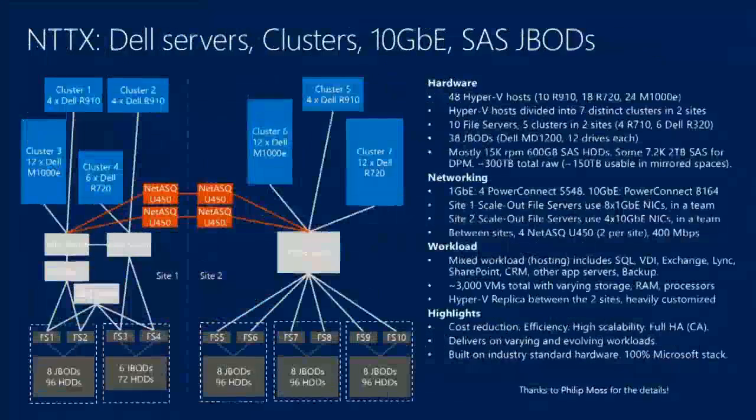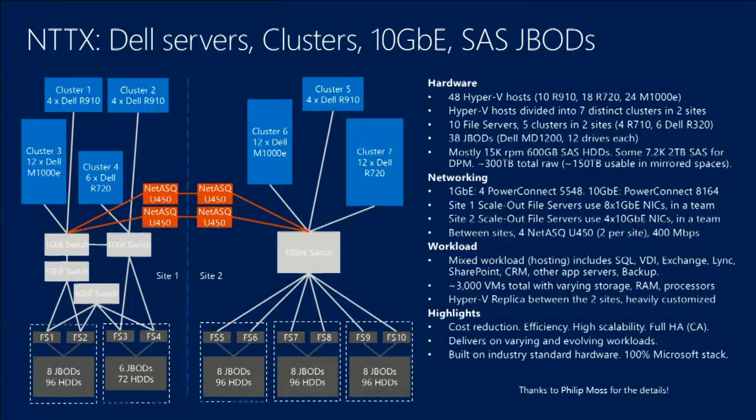And I'm not sure if you heard the story about NTTX. That's one of our case studies that we have published for Windows Server 2012. And they're experimenting with R2 already. So this is like several different clusters that they have. On one site, they use 1 gigabit networking going to some JBODs, all using Spaces.